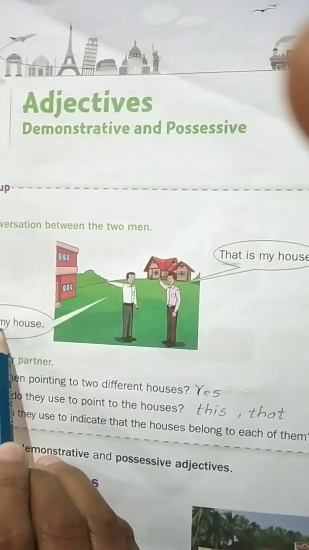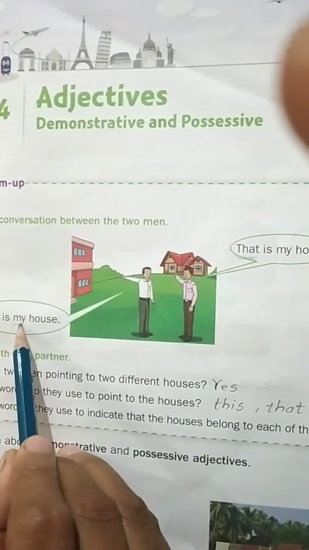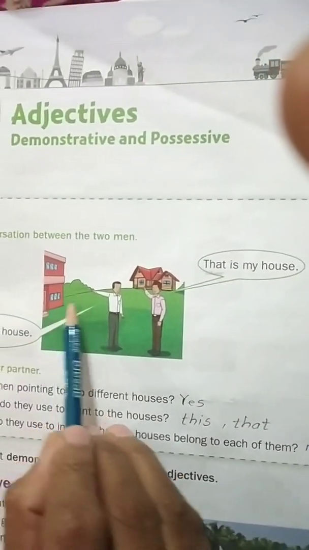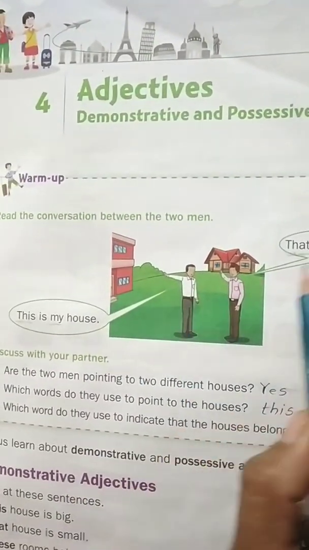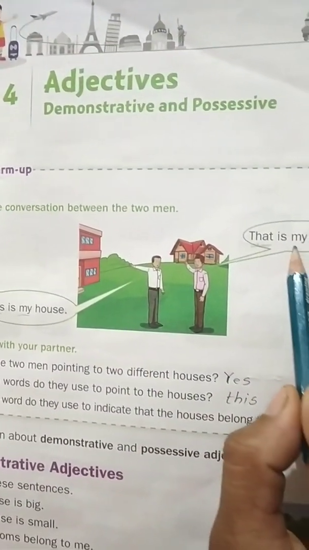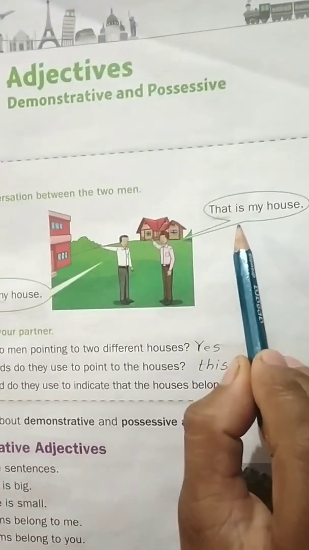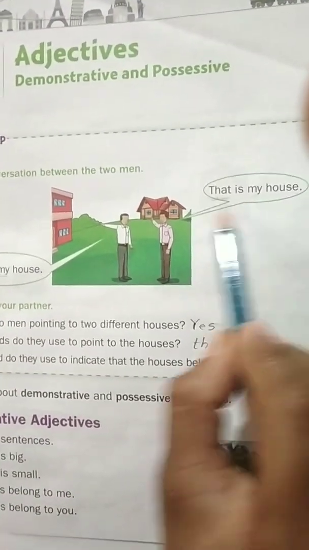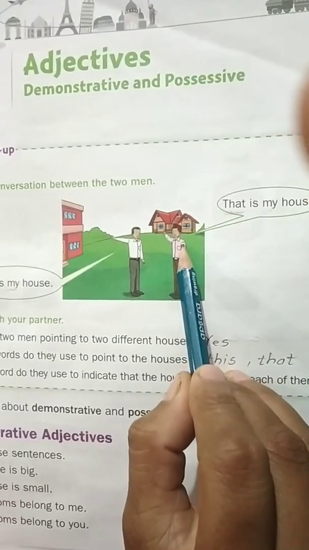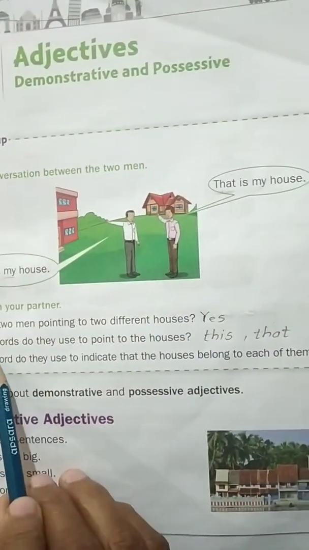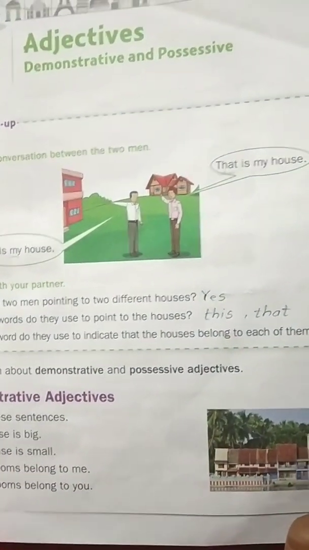My. My is showing that this house belongs to this person. That is my house. Here also the same word, my. So we have written the answer, my.